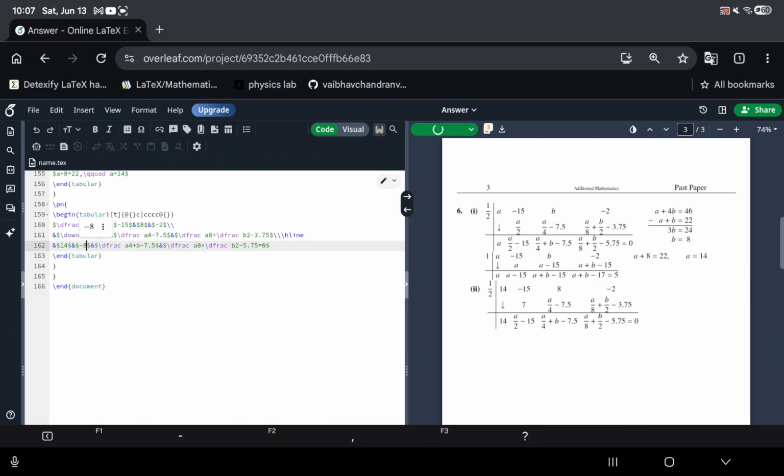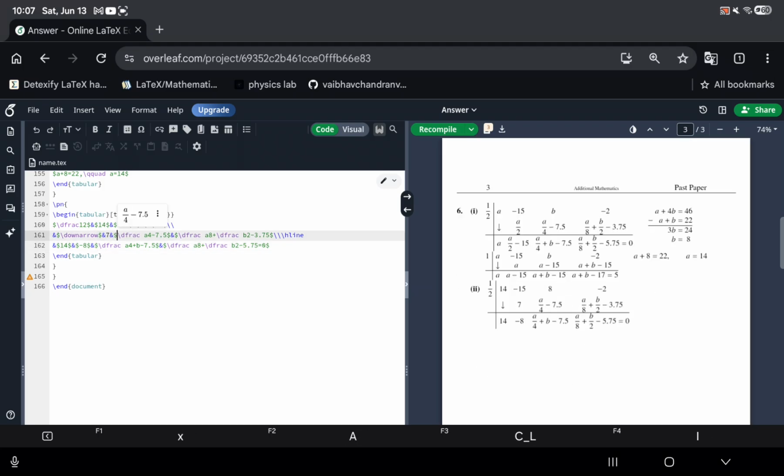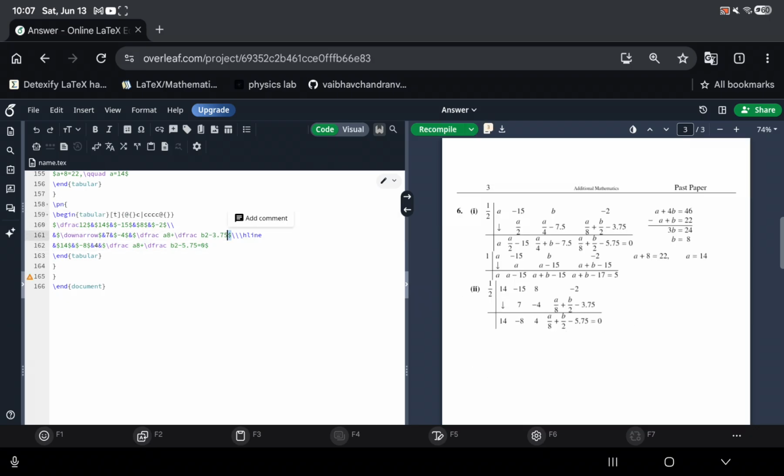Negative 8 over 2. What do we get? We get negative 4. Negative 8 minus 4 is equal to negative 4... and the last term is 4, 4 over 2 is equal to 2, and this factor is indeed 0.